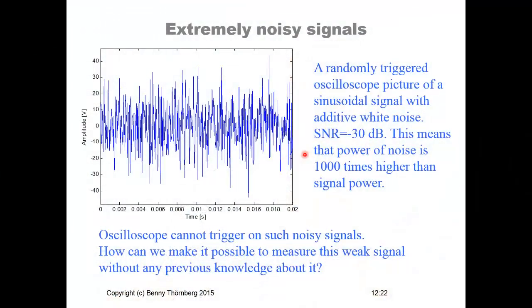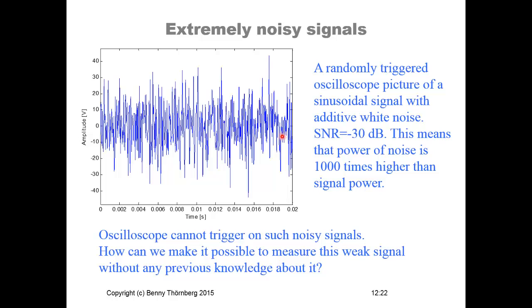If you look at this diagram here, here is a weak signal hidden in noise. It's a weak sinus waveform, and there is no way that you can, just by viewing this graph, say that there is a sinus waveform here. And it is extremely weak.